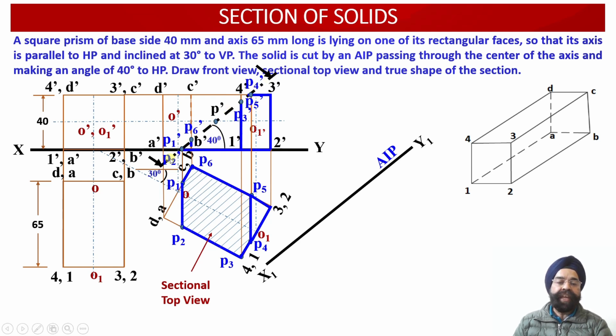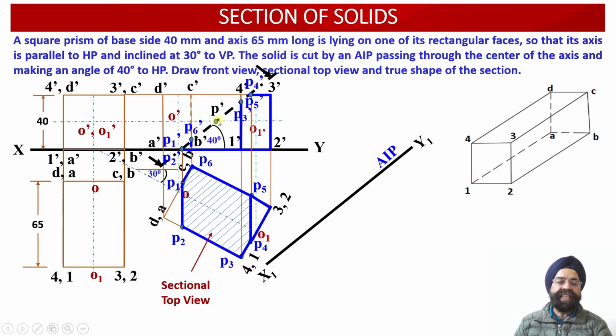We had drawn the cutting plane inclined at an angle of 40 degrees with respect to the horizontal plane. So parallel to this cutting plane, or the cut section, which involves these 6 points of intersection, a new auxiliary inclined plane X1Y1 we have drawn.